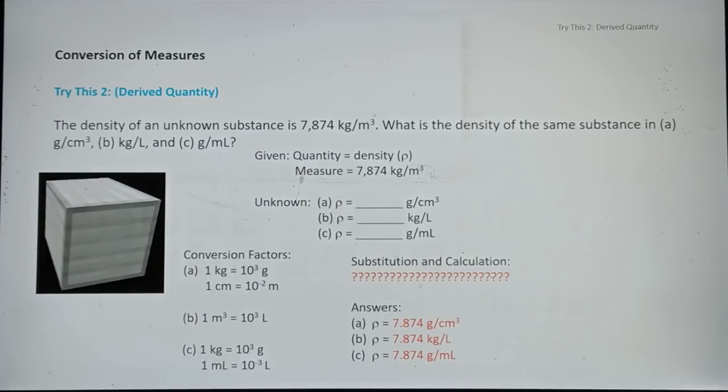Now, what can you say about the values of the densities in the required units? Are they the same numbers even though they are of different units? What does that mean? That only shows us that the units gram per cubic centimeter, kilogram per liter, and gram per milliliter are equivalent units.